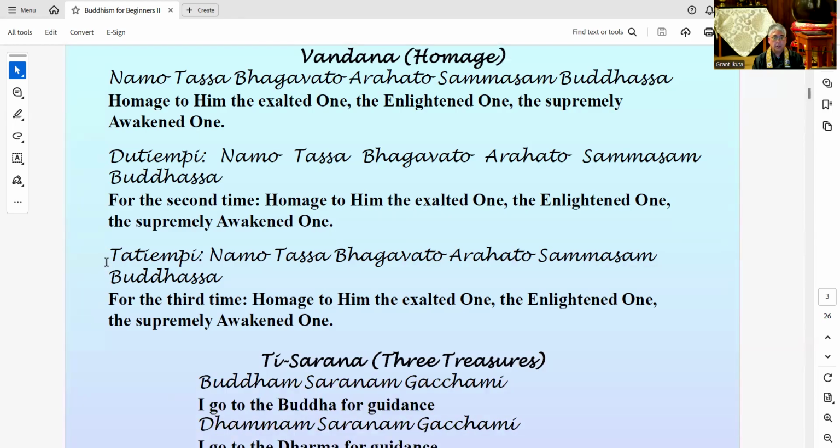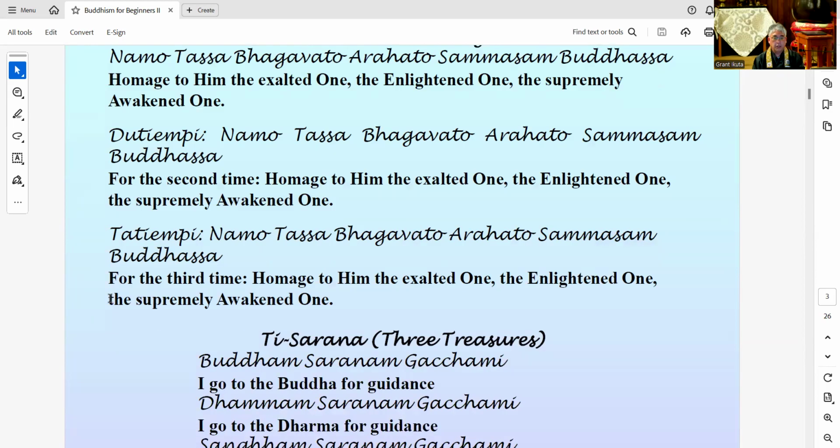For the third time, homage to him, the exalted one, the enlightened one, the supremely awakened one.